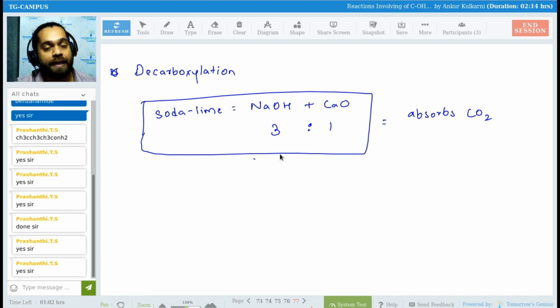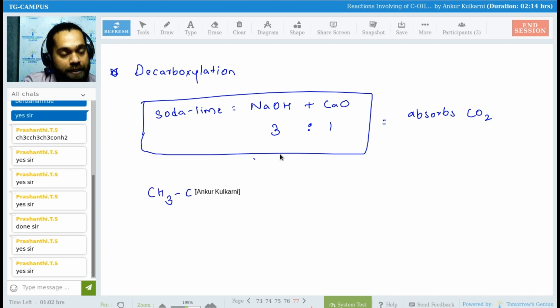Let us say I have CH3, CH2, COOH. Suppose this is the acid. What is the name, by the way? What is this acid, Bhuvneshri? What is the IUPAC name of this?